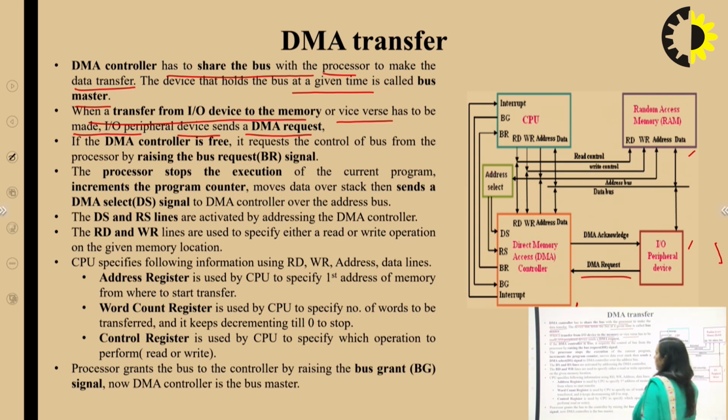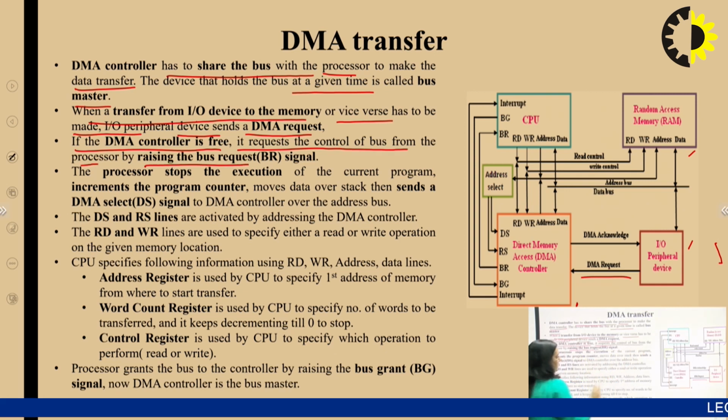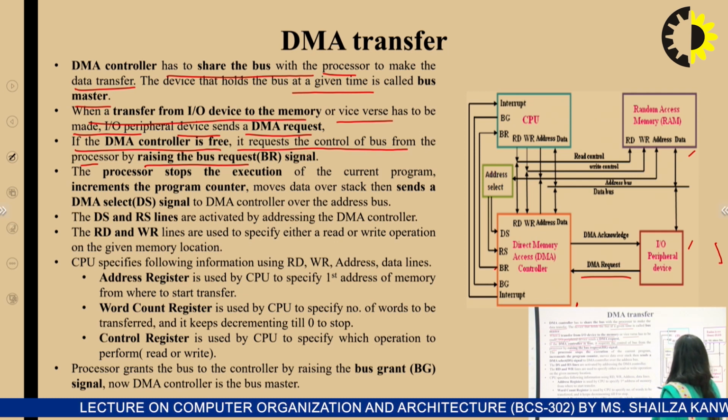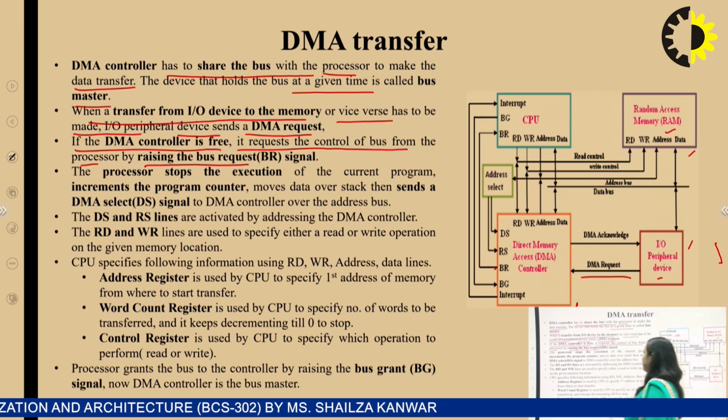After sending the request, if the DMA controller is free, it requests the control of the bus from the processor by raising the bus request signal. If DMA is not doing any other work, it sends the bus request to the CPU, saying that it wants control of the buses to transfer the data between these input output devices and the memory.